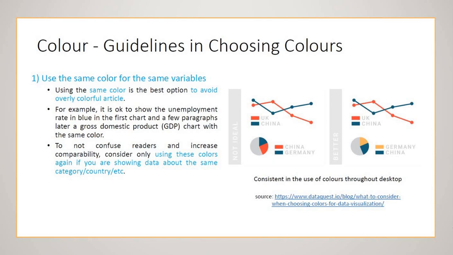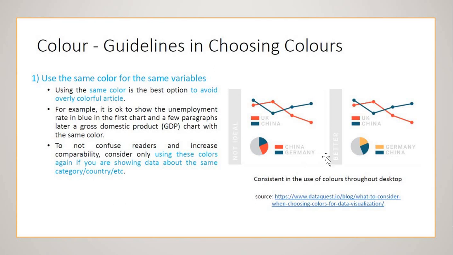Using the same color is the best option to avoid overly colorful article juga sebenarnya. For example, it is okay to show the unemployment rate in blue in the first chart and a few graph later a gross domestic product chart with the same color. To not confuse readers and increase comparability, consider only using these colors again if you are showing data about the same category or country or etc.